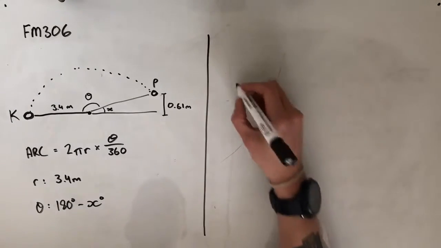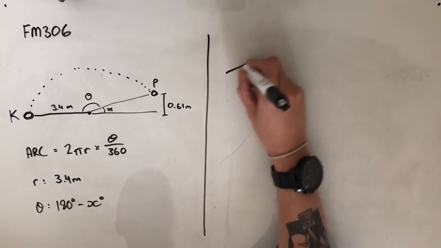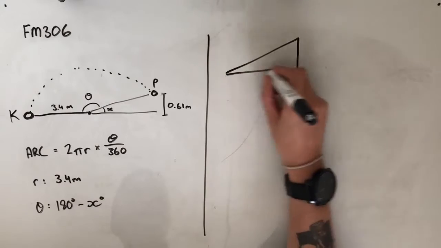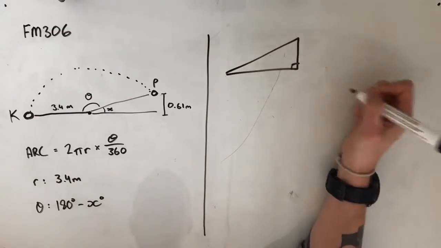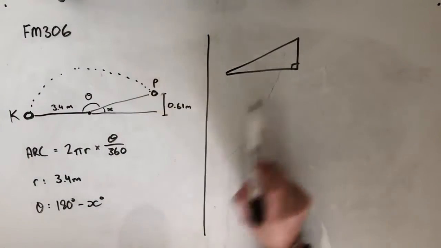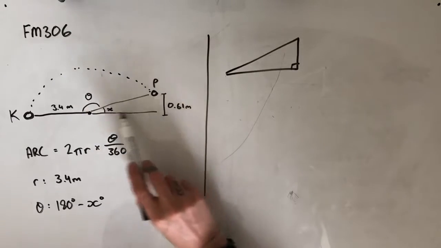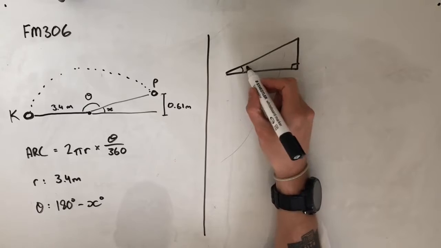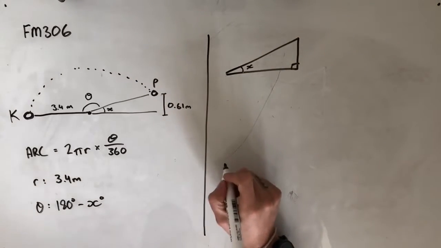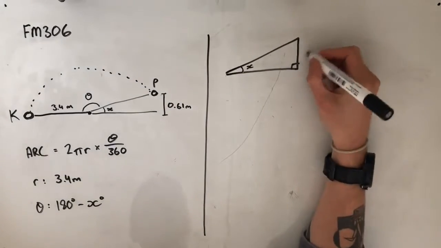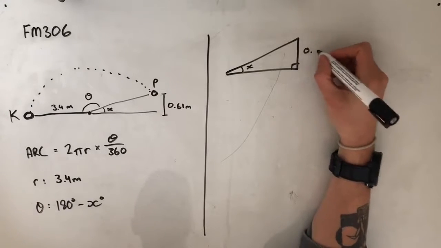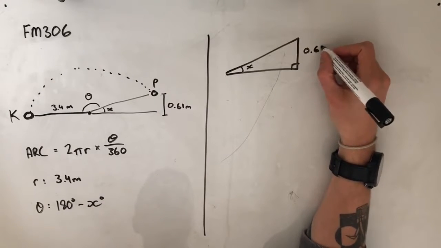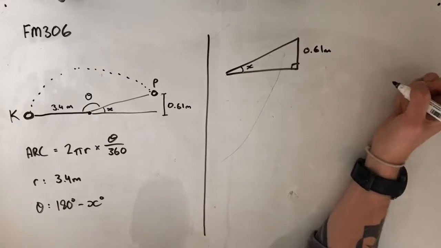We'll do a little solve for how you'd figure out what this little degree is, and we're going to do that using trigonometry. So we're going to set up a little right angle triangle here. What we know about this little right angle triangle is that it's going to have an angle of x, our unknown that we're solving for, which means that this side is the opposite, and it has a length of 0.61 meters.